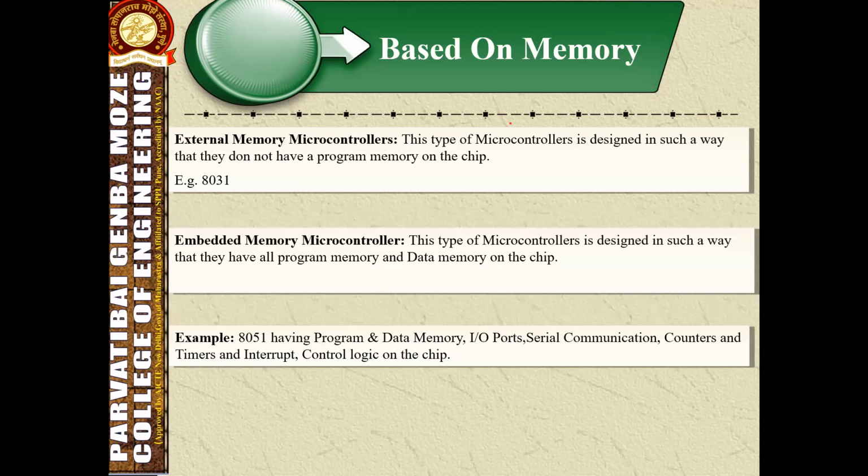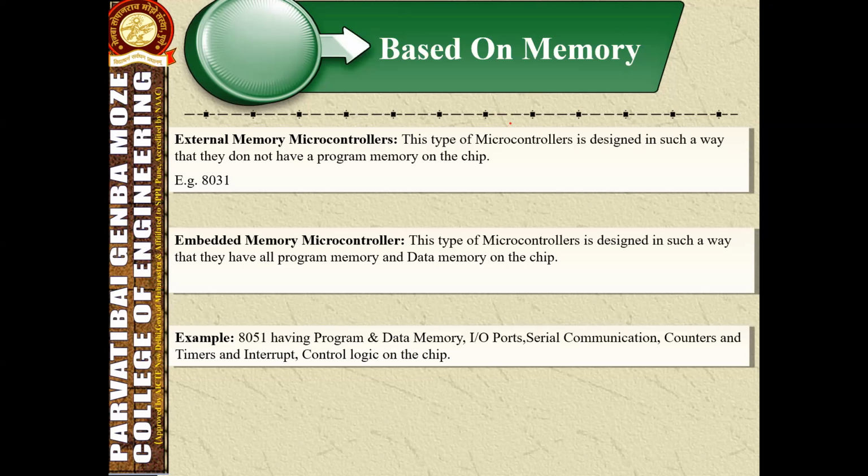Next, see the microcontroller classified based on the memory. Here there are two types of memory: external memory microcontroller and embedded memory microcontroller. External memory microcontrollers are designed in such a way that they don't have program memory on a chip.